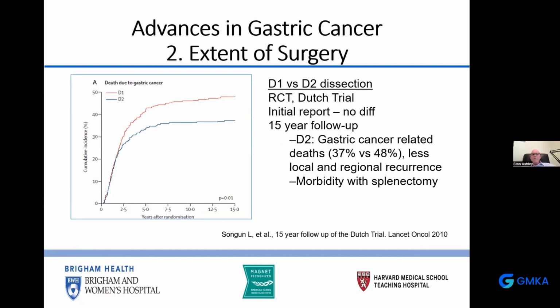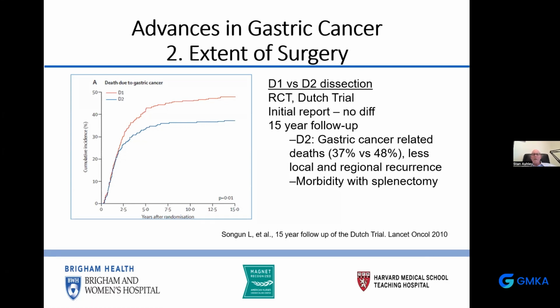So this was the Dutch trial that really established the need for taking those D2 nodes off the celiac axis. In their initial report, there was no difference in outcomes, but with 15-year follow-up, the survival curves significantly diverged. This trial also suggested that splenectomy itself didn't add much, just increased morbidity.